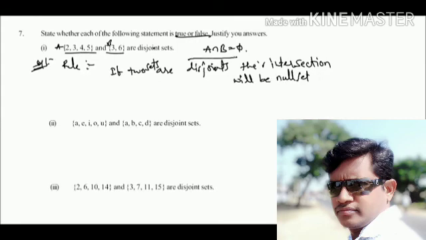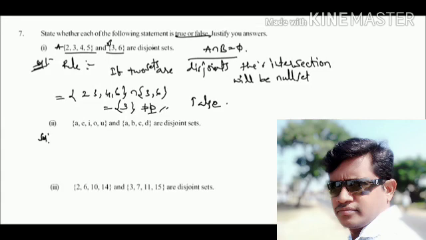Then only they become disjoint sets, otherwise they will not. So we check whether they are disjoint or not. {2, 3, 4} intersection {3, 6}: 3 is in both sets, so this is not a null set. So it is not a disjoint set pair. So the statement is false.